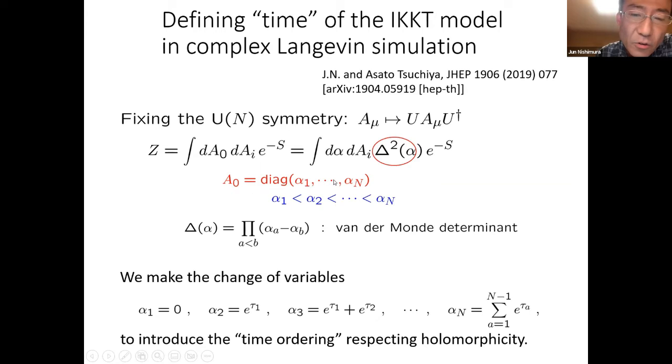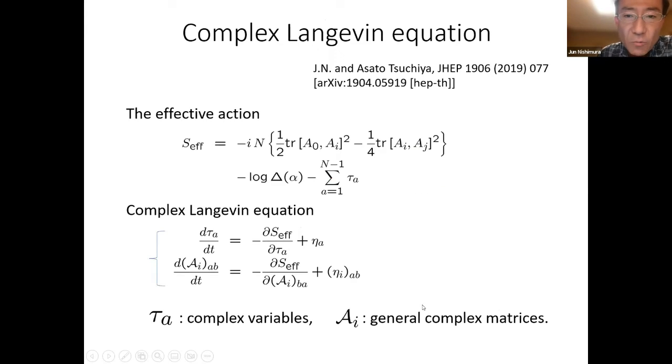In order to respect this ordering, we make a change of variables like this, where the taus are all real. So after making this change of variables, this inequality is automatically satisfied. That is the trick. And once you do that, we can apply the ordinary complex Langevin method.